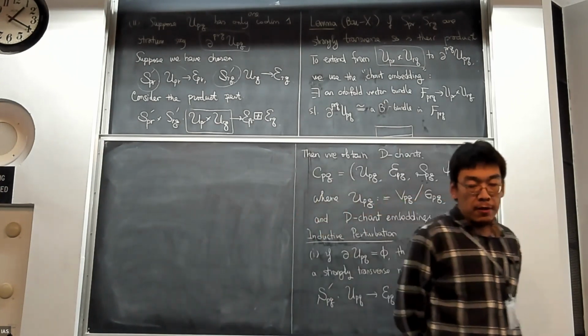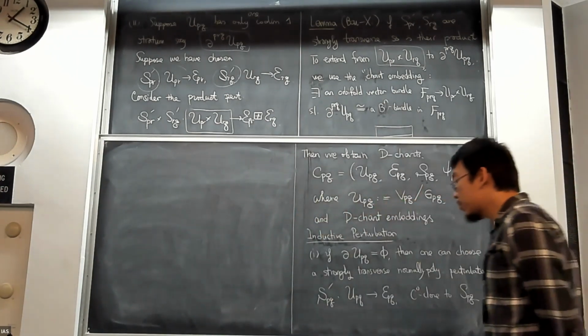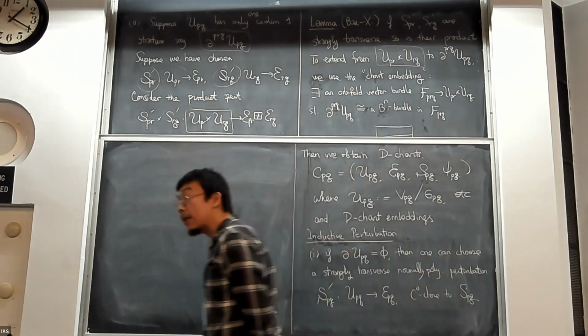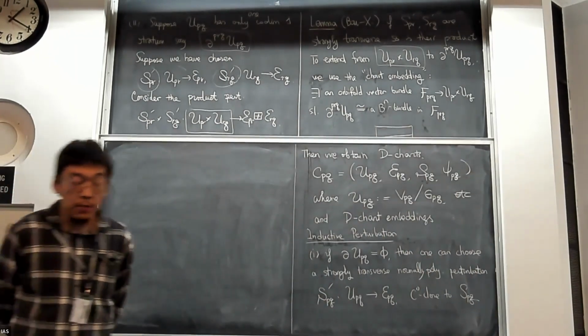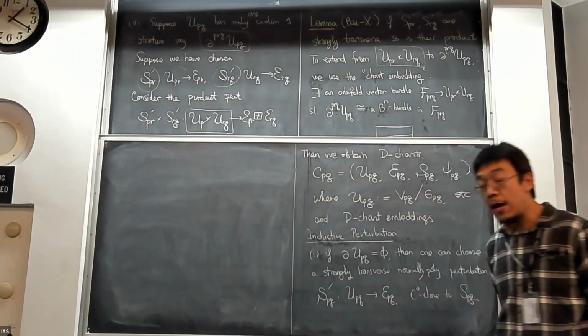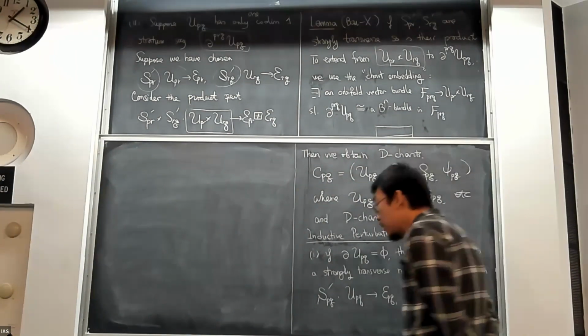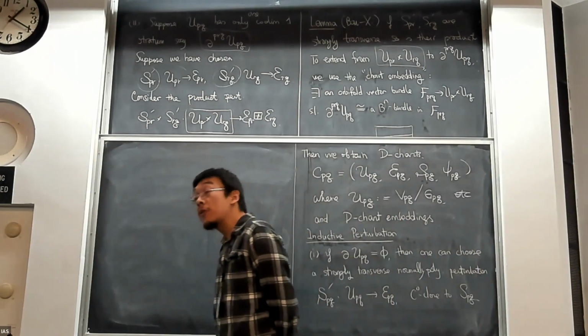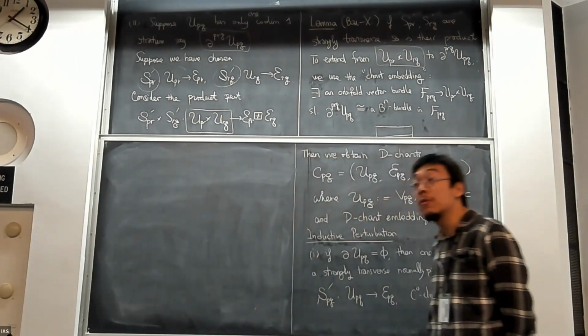If you have two spaces with two different group actions, you take their product, then this product has the action by the product of two groups. And if you look at any point, the stabilizer is always a subgroup times a subgroup.